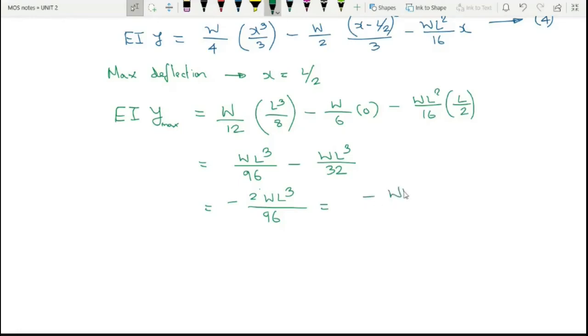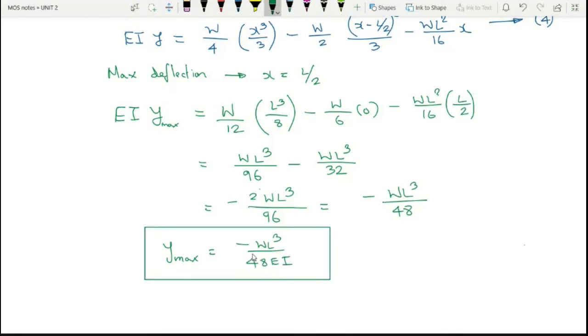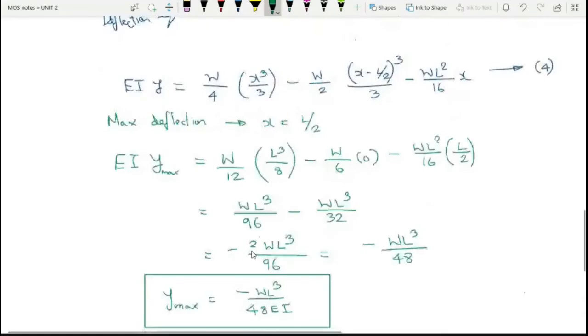Minus WL cube by 48, which means Y max is minus WL cube by 48 EI. This is my final answer. The negative indicates that your deflection is in the downward direction.